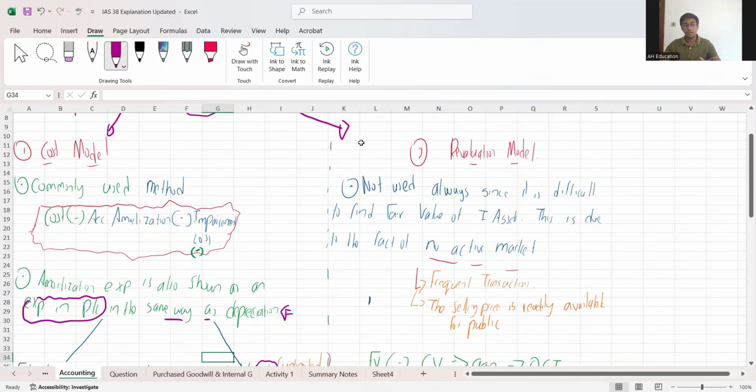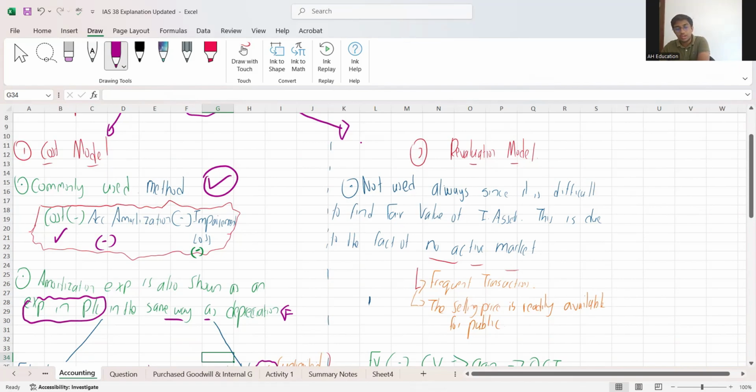Okay. So in terms of cost model, this is a commonly used method, right? Each and every time, commonly you will be using your cost model. How would you do the accounting? It's simple, easy stuff. You all know. From your cost minus accumulated amortization. It's the same way you all find carrying value for your tangible assets, right?